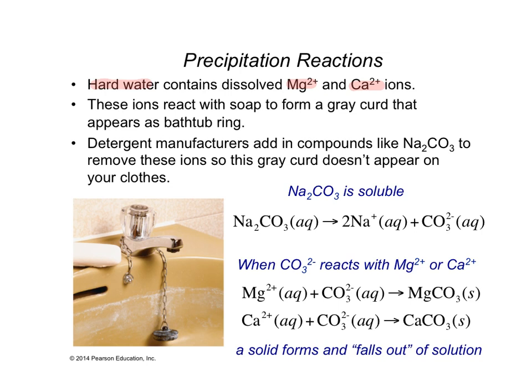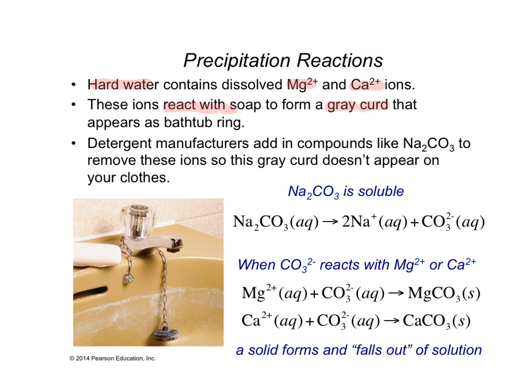The problem with hard water is that these magnesium and calcium cations tend to react with the soap that you use in your bathtub as well as your dishwashing soap, and they form this gray curd. This is going to line your bathtub and your sink. That's not good. We don't like hard water because of that.